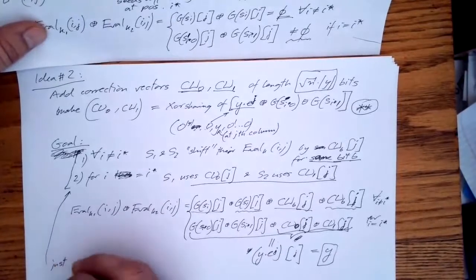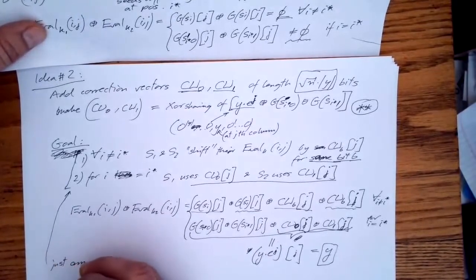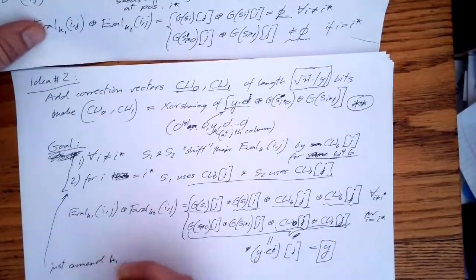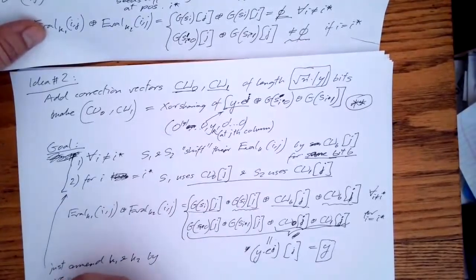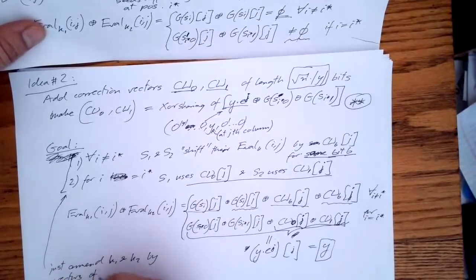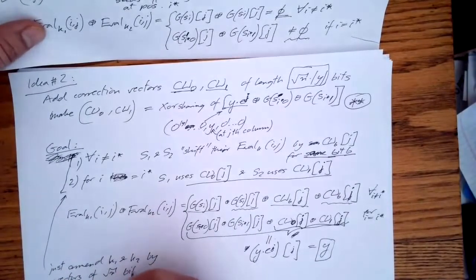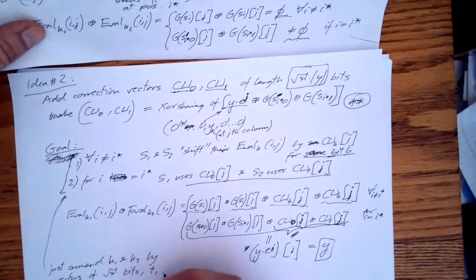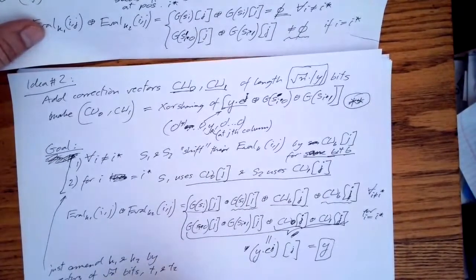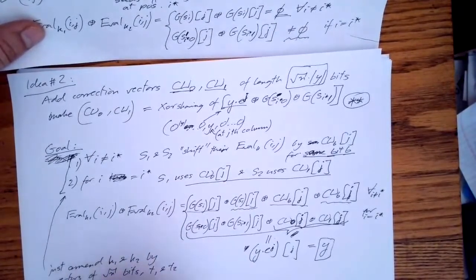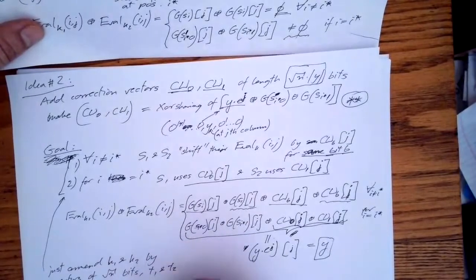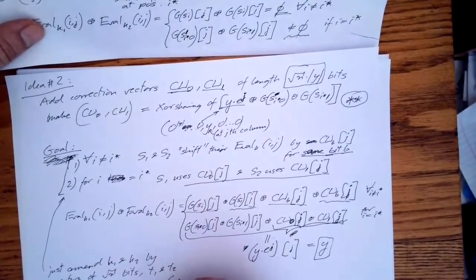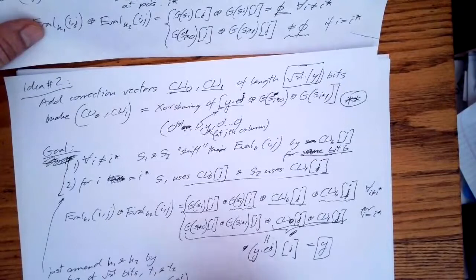Just amend K1 and K2 by vectors of square root of n bits, T1 and T2, such that T1 and T2 are secret sharing of the EI vector.